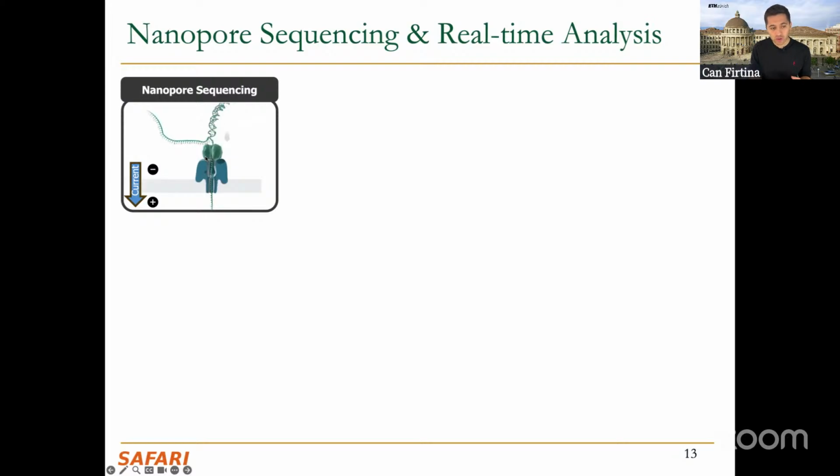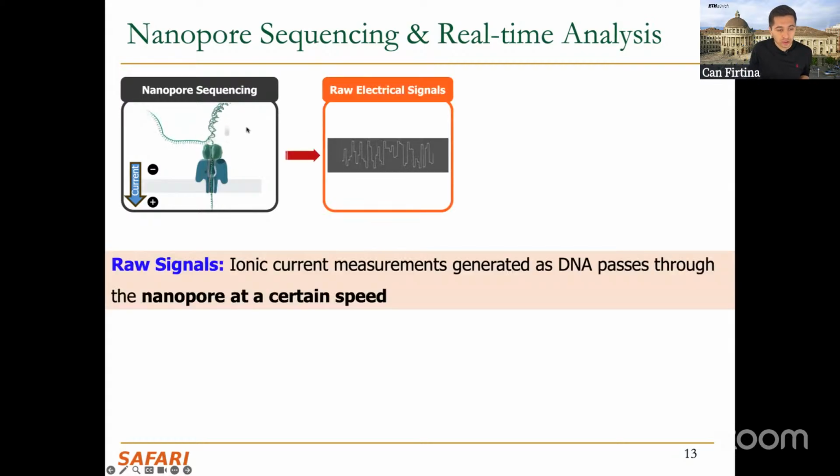Specifically for the DNA, you break the double-strand structure of the DNA, so now you are essentially sequencing a single strand of the DNA. As this single strand goes through the pore, the ionic current, the current that flows through this membrane, will be disrupted.